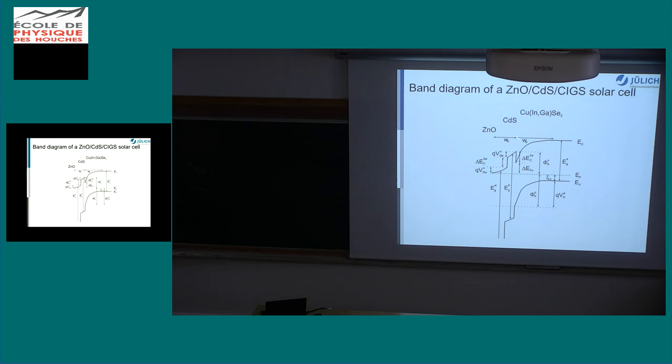One is passivating the surface here. So it's better for the CIGS surface to put cadmium sulfide instead of zinc oxide immediately. It's also keeping the holes from going there and maybe recombining with the electrons here.